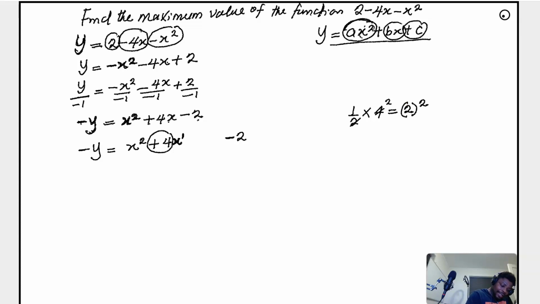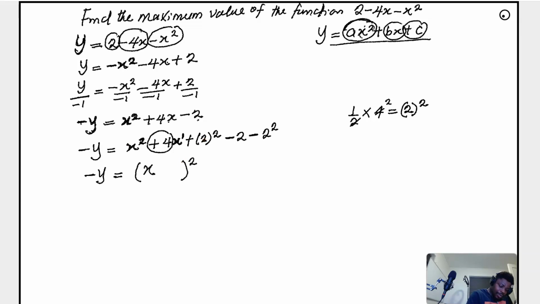Then I will add this to here, 2 squared, and I will also put the opposite, minus 2 squared, like the way we normally do it. So this is minus y is equal to x squared, that is x, then squared outside.